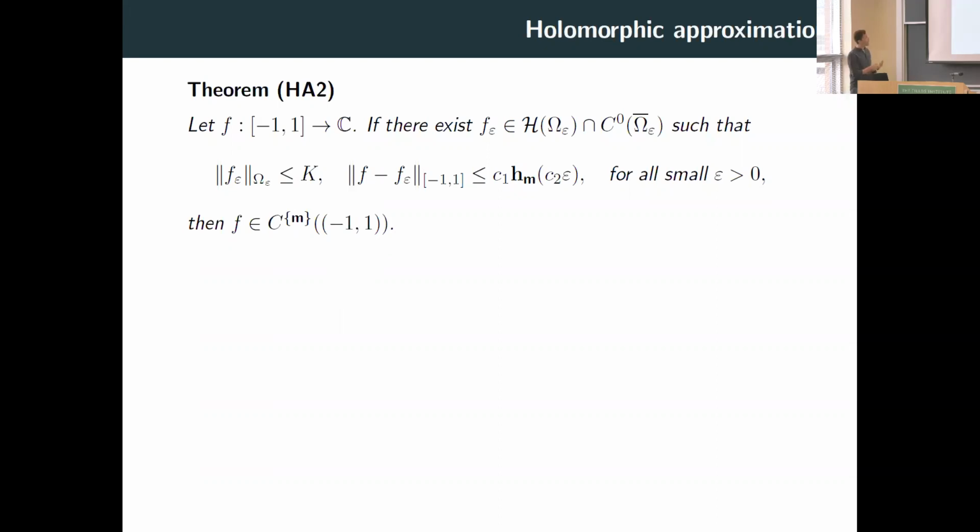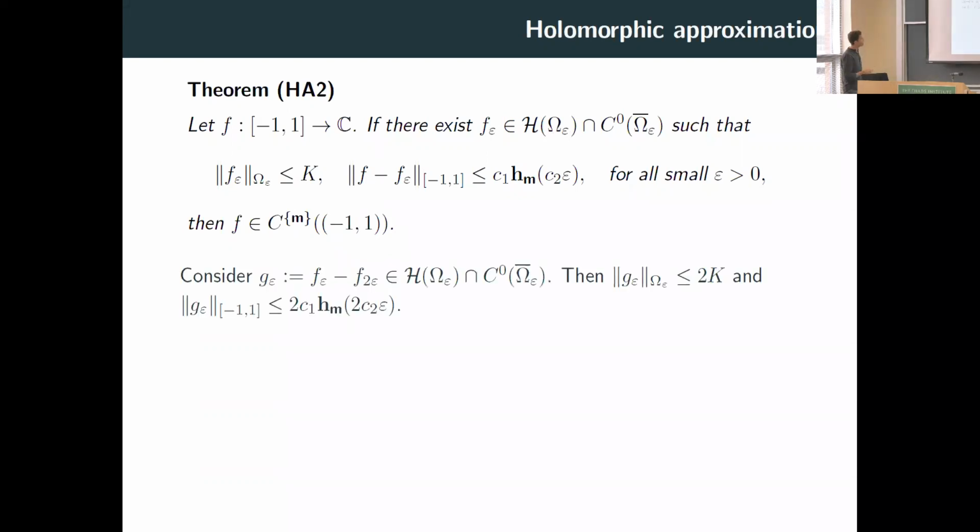Okay. So by the way, I forgot to tell you that, I mean it's clear, but notice that also the domains of these functions, well, they shrink if epsilon goes to 0. Right? They shrink to the interval -1, 1. Okay. Let me give an idea why this is true.